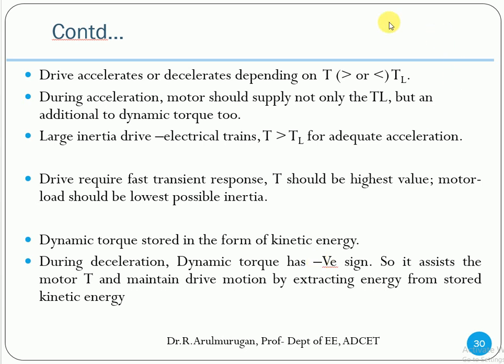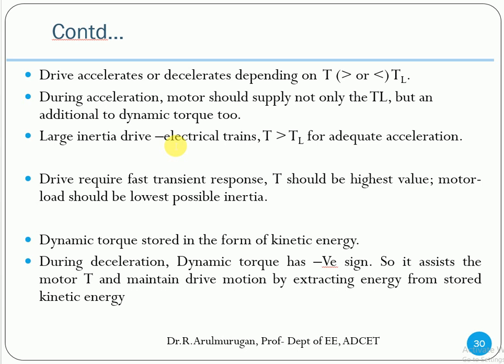Some more points. The motor torque is either greater than or less than the load torque, depending on acceleration or deceleration. Take a large inertia system, for example a train or a lift.